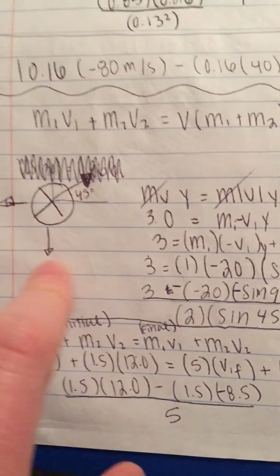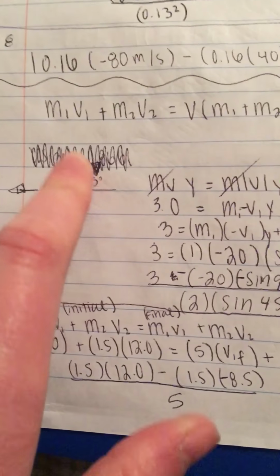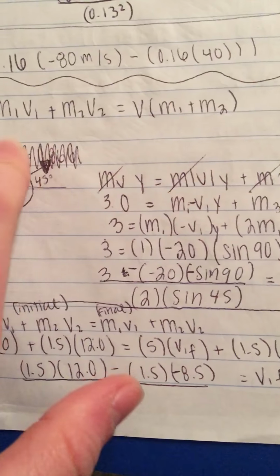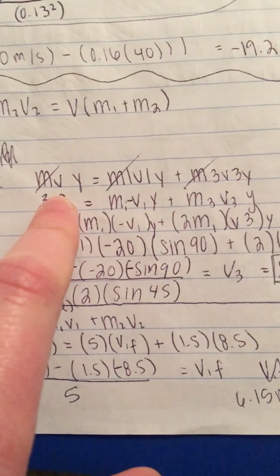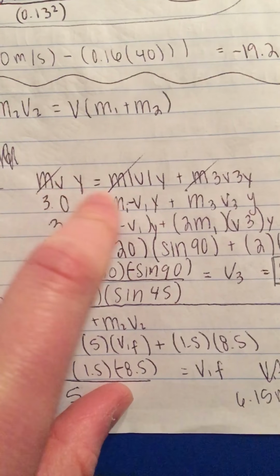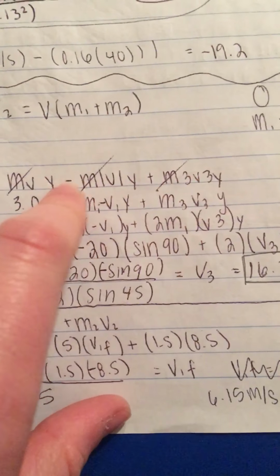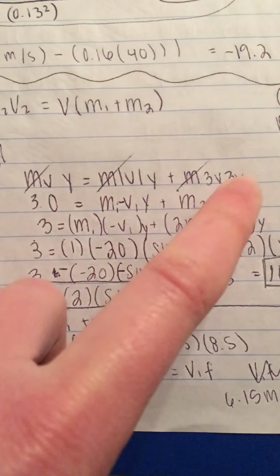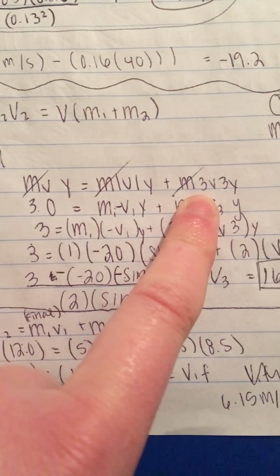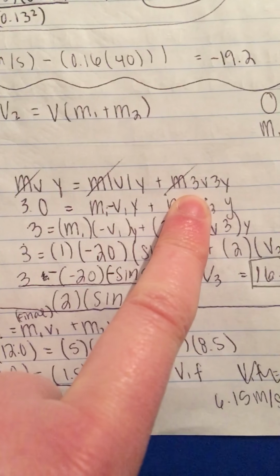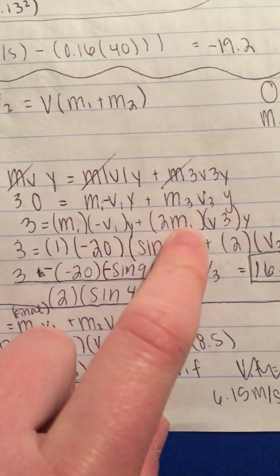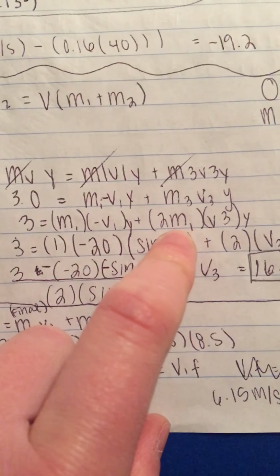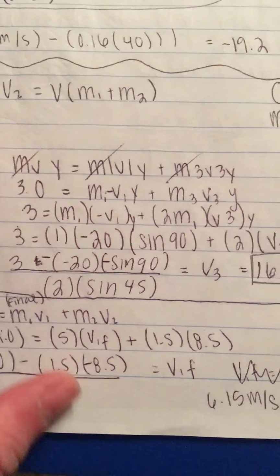So I redrew the diagram, and we know this is the equation to use. What I did is I plugged everything in, and we know that the masses will eventually cancel, but we do know that the mass of piece 3 was 2 times, so down here I put a 2m in there because it is twice the mass of m1.